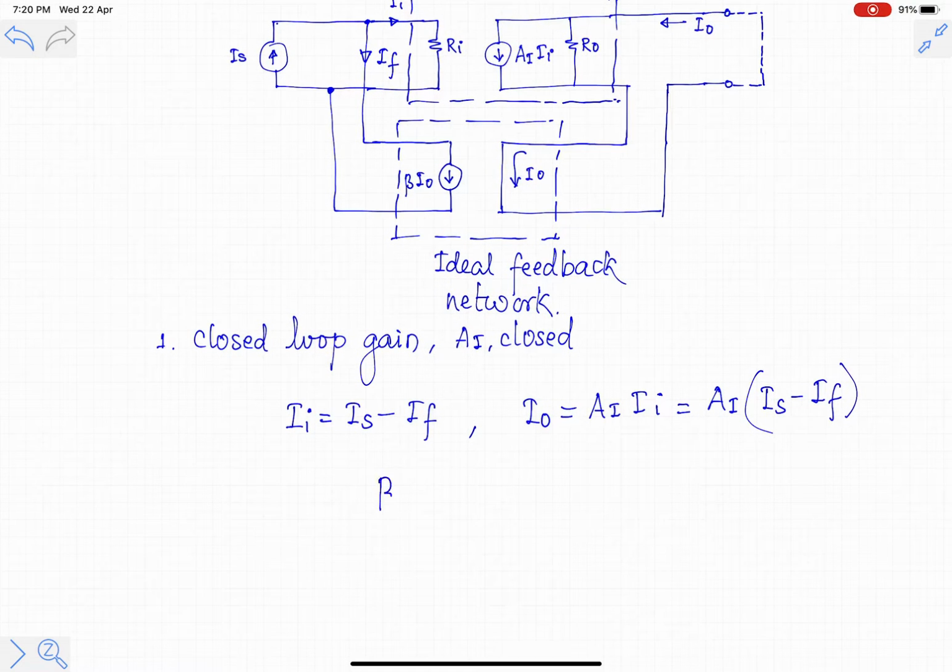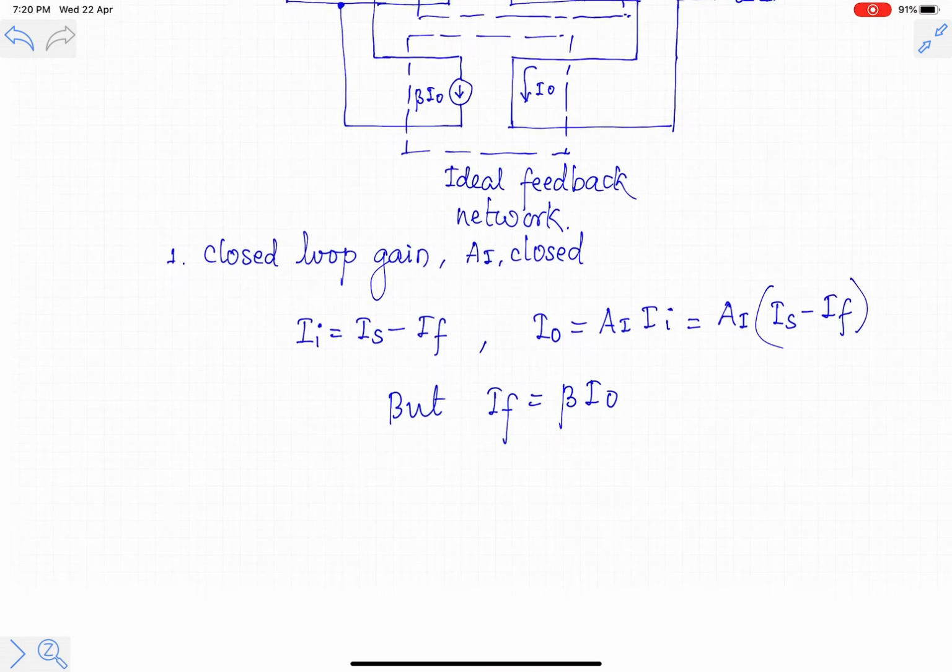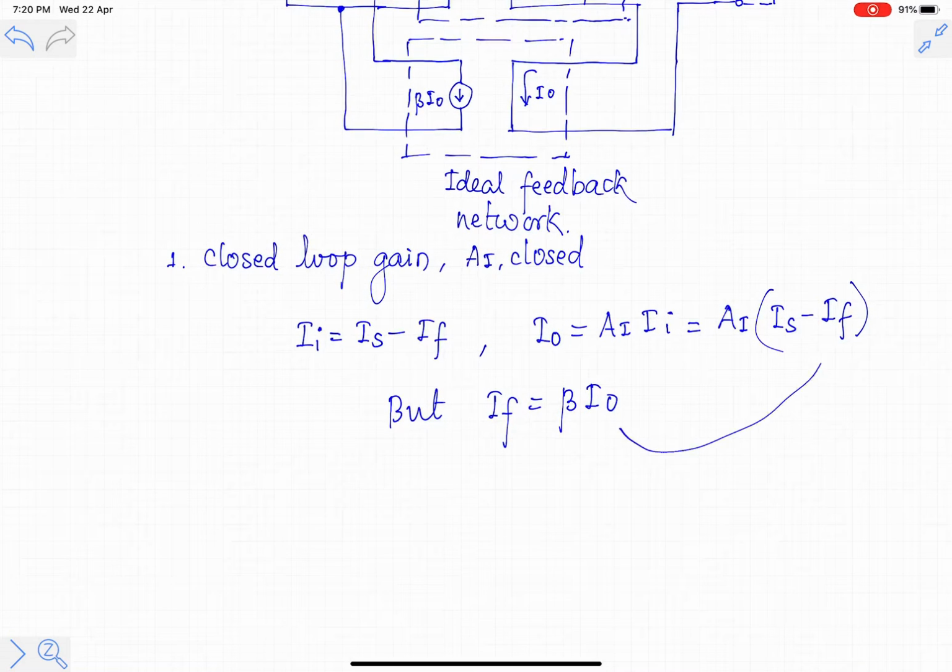But IF, you can see that it is equal to beta into IO. So we can substitute the value of IF here.